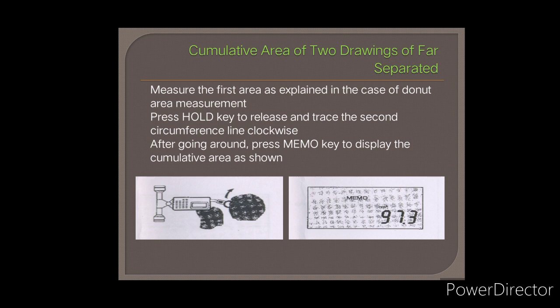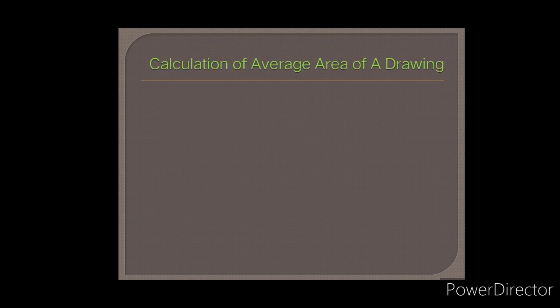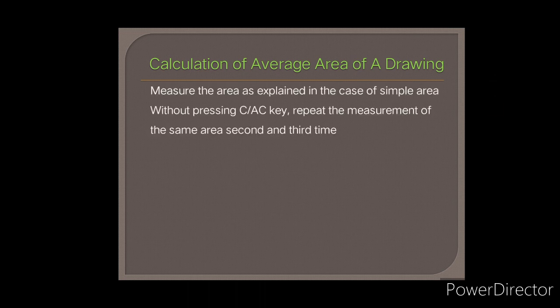For cumulative, meaning n numbers of additions, you go clockwise only. Like that you can measure. And lastly, press the memo key, so that you will be getting the total area of these two areas, 97.3 centimeters square.